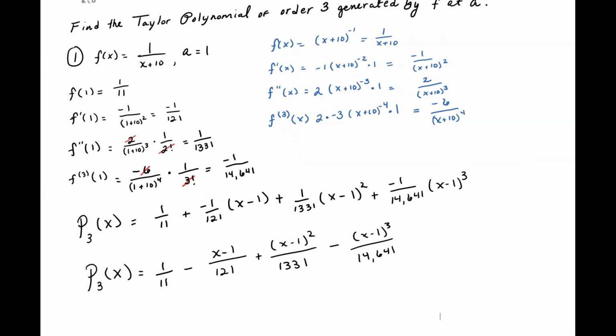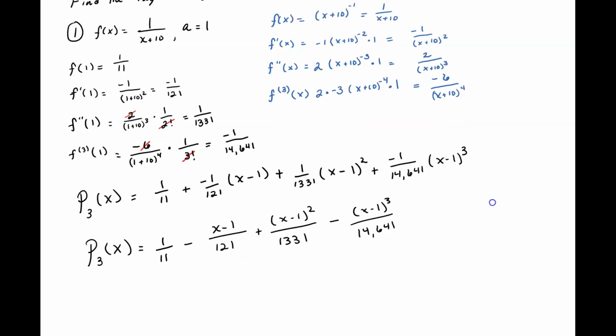Okay, let's take a look at one more example, the last example. We're going to generate a Taylor polynomial from f of x equals x squared plus x plus 1 about a equals 9. This one is rather interesting because you're going to run out of derivatives.